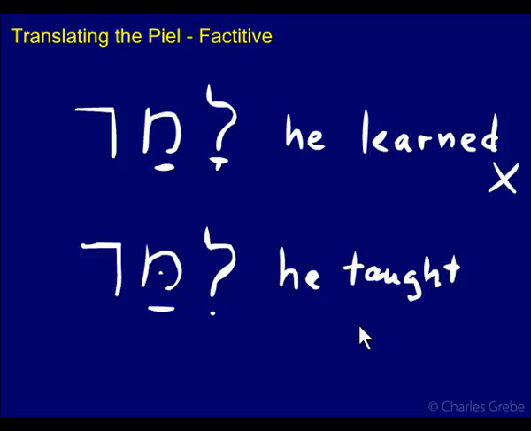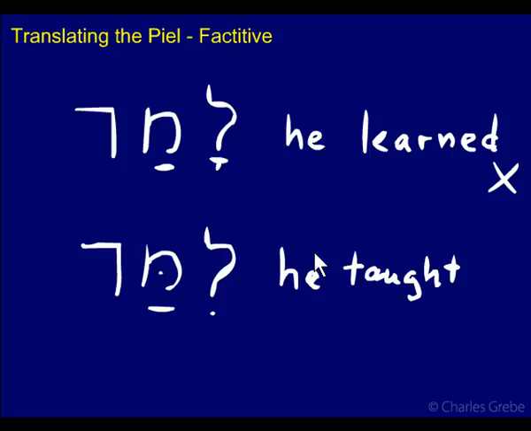The difference is that in the other examples, the thing that is being caused is a stative. He caused someone to be great. He caused someone to be whole. Those are states. This here isn't necessarily a state. He taught. He didn't teach a state. He caused a certain activity, a certain event to happen, learning, in his object.